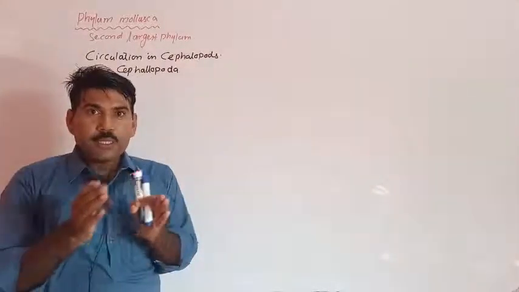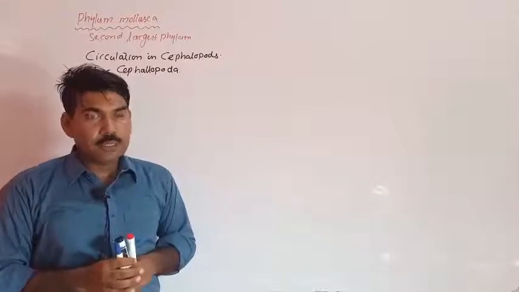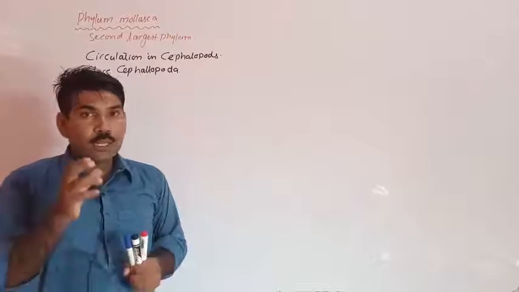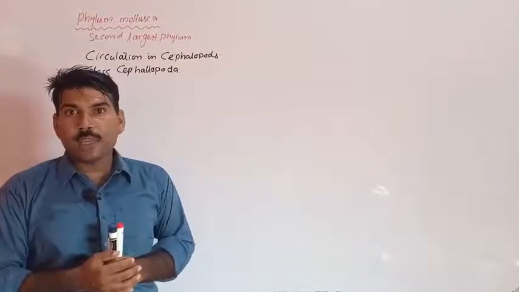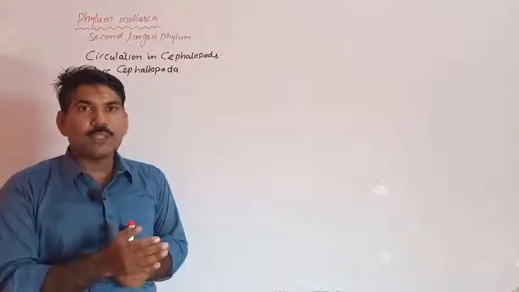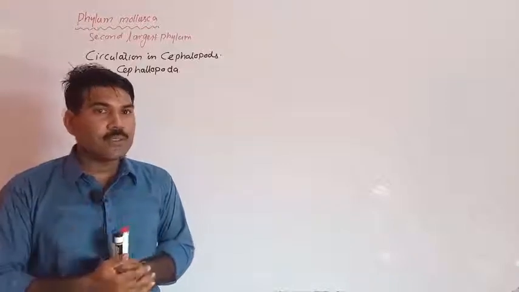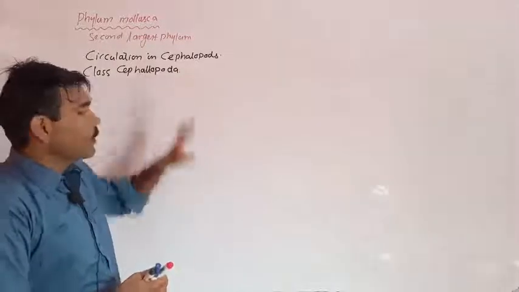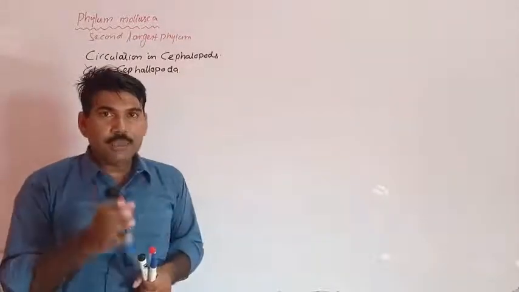in the previous lecture we discussed that the members of class Cephalopoda have an active lifestyle as compared to other mollusks such as gastropods and bivalves. So why do these cephalopods have an active lifestyle?